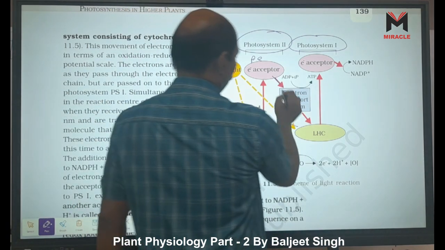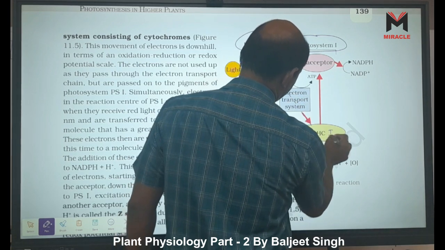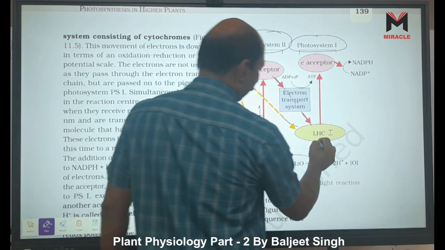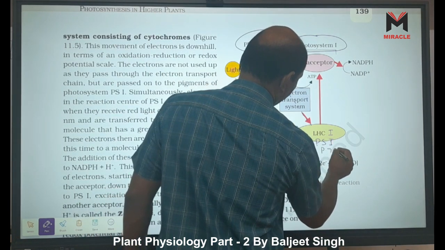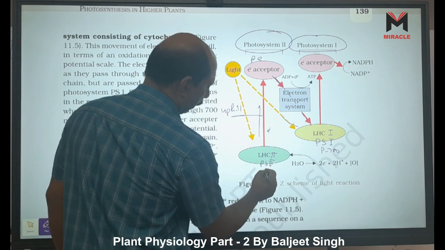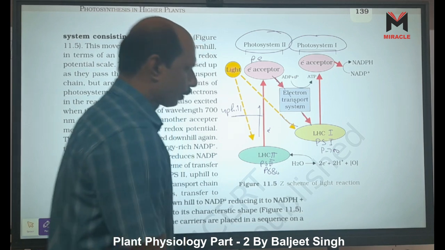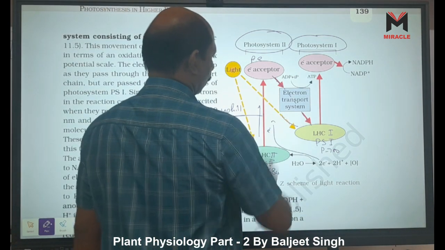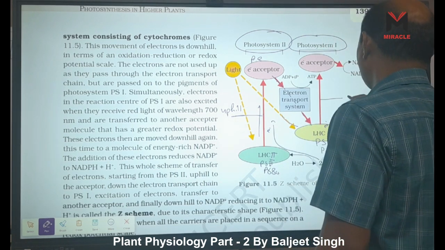Now this electron is transported from LHC II to LHC I, or I can write here PS I, or we can write P700, right? This is PS II, or I can write P680, right? Now the electron from here also jumps. When it jumps, it is called uphill.